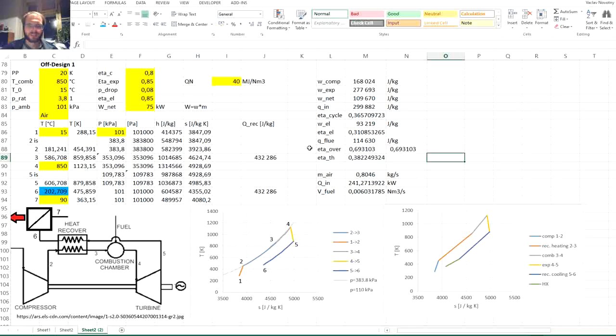So let's copy the model which we have developed previously onto a new sheet, or down on the existing sheet somewhere below, and let's go through the modifications that we will make.